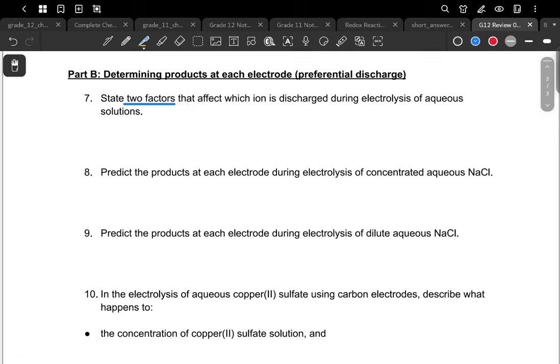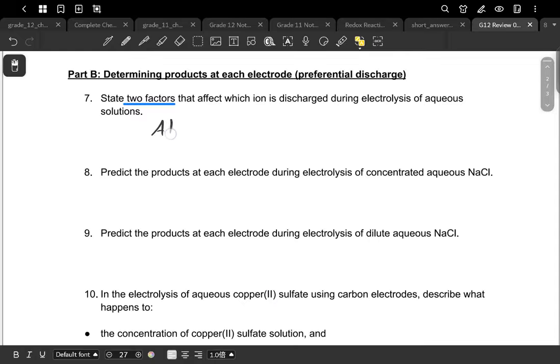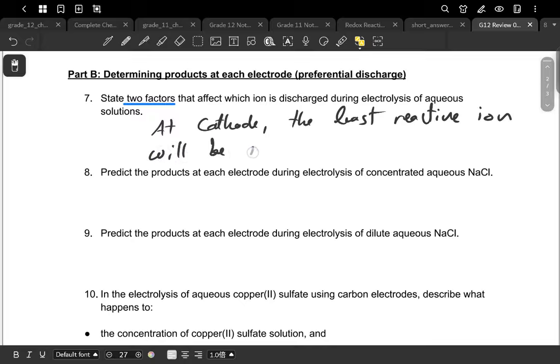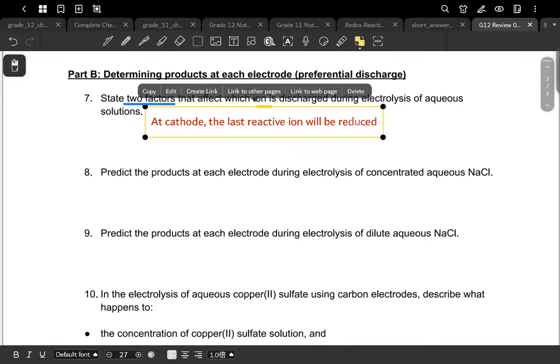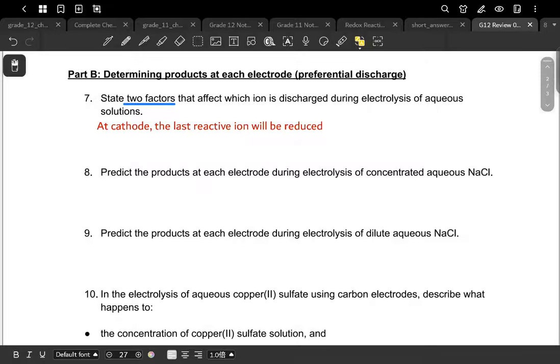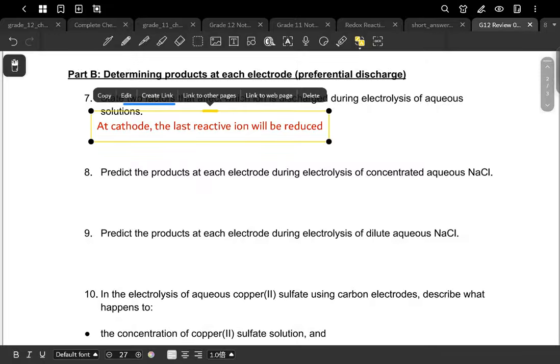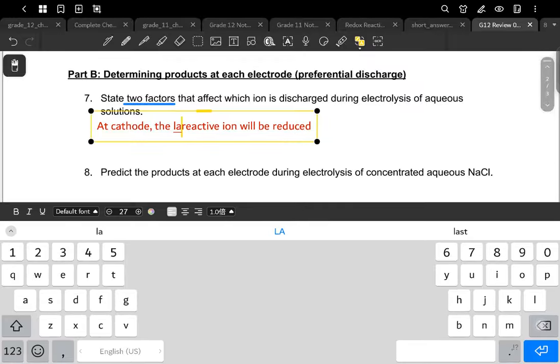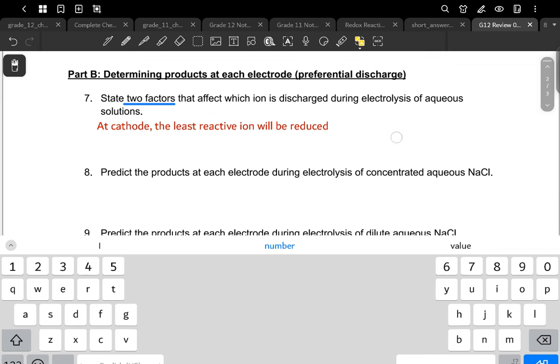At the cathode, the least reactive ion will be reduced. This happens at the cathode. Least, not last. Least reactive means it has less reactivity than the other one.